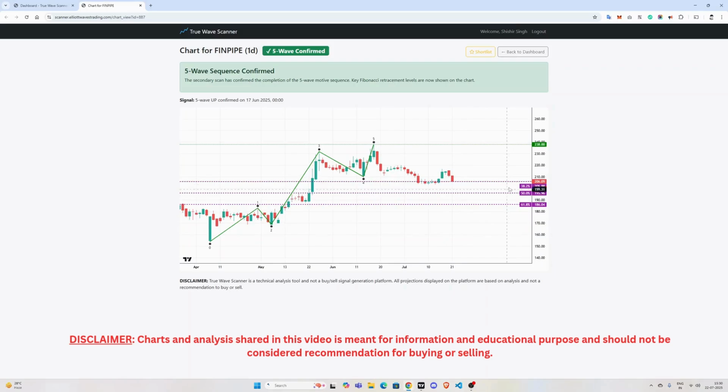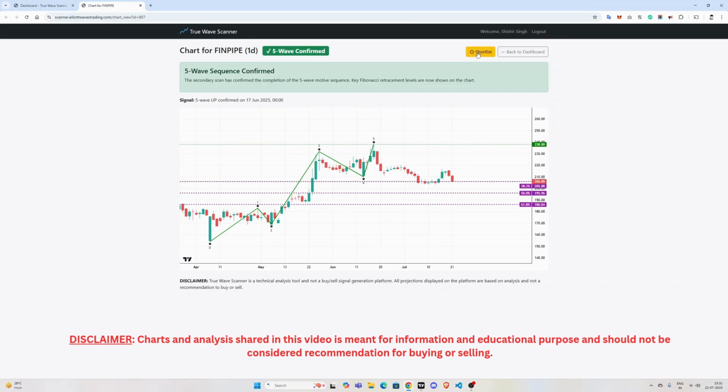And it also plots those 3 retracement levels that I mentioned, 38.2%, 50% and 61.8%, which are the potential zones where this ABC retracement can finish. And once this is done, that's when you can expect another 5-wave sequence of the same size to unfold on the upside, right?